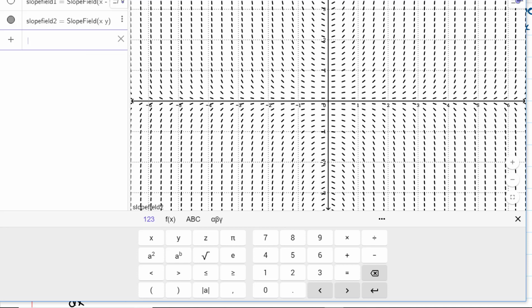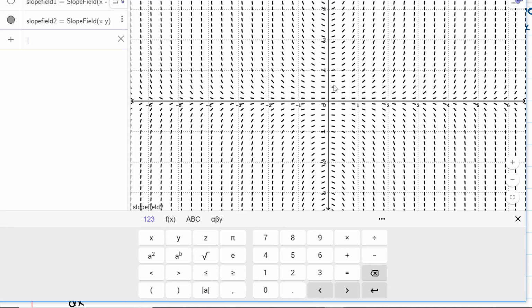This happens because near the center right here, notice that it's pretty much 0 because when you plug in 0, you get 0. So anything along these axes is going to be 0.